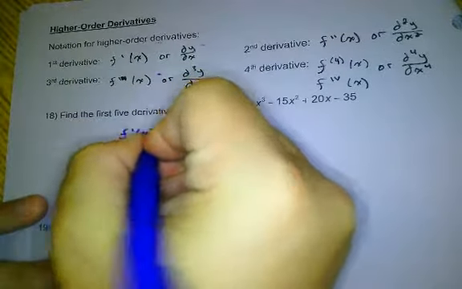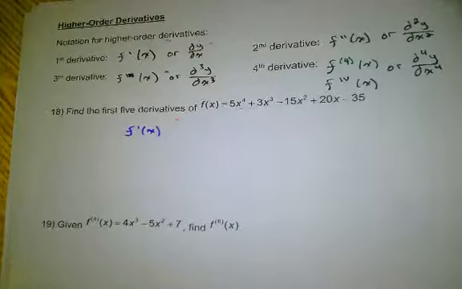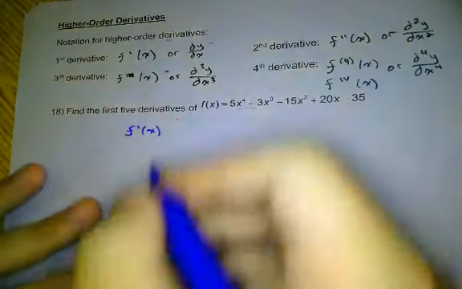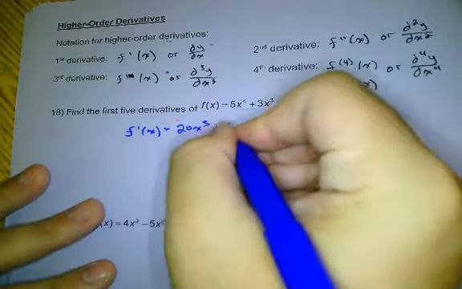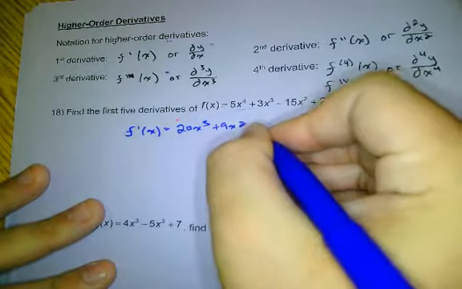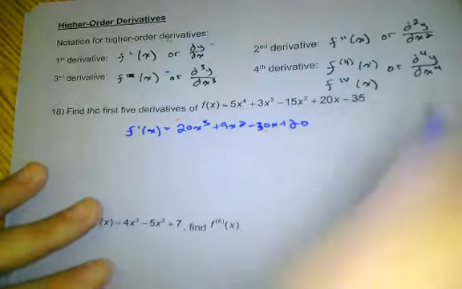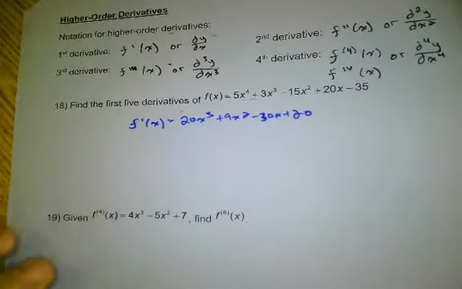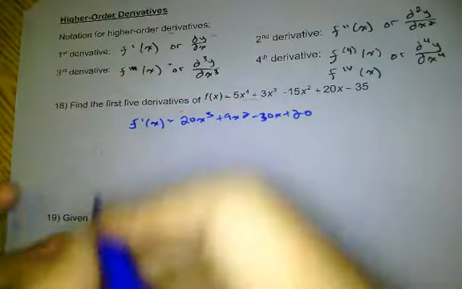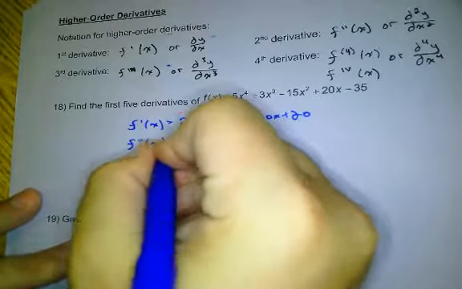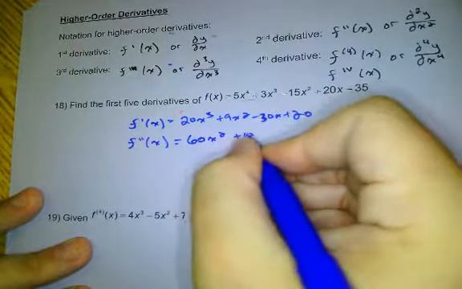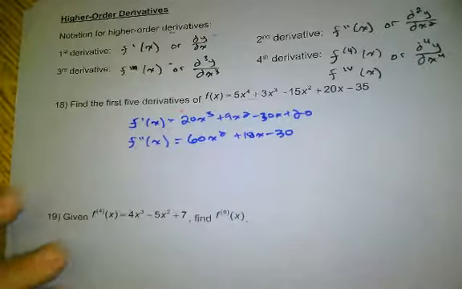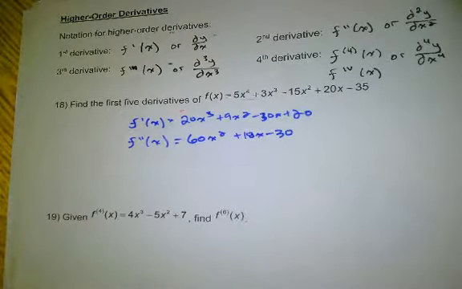Alright, so what's the first derivative of this guy? Super simple. It's all power rule. Let's power rule through it. What's that? 20x cubed plus 9x squared minus 30x plus 20? So the second derivative is the derivative of the first derivative. 60x squared plus 18x minus 30 plus 0, don't care.